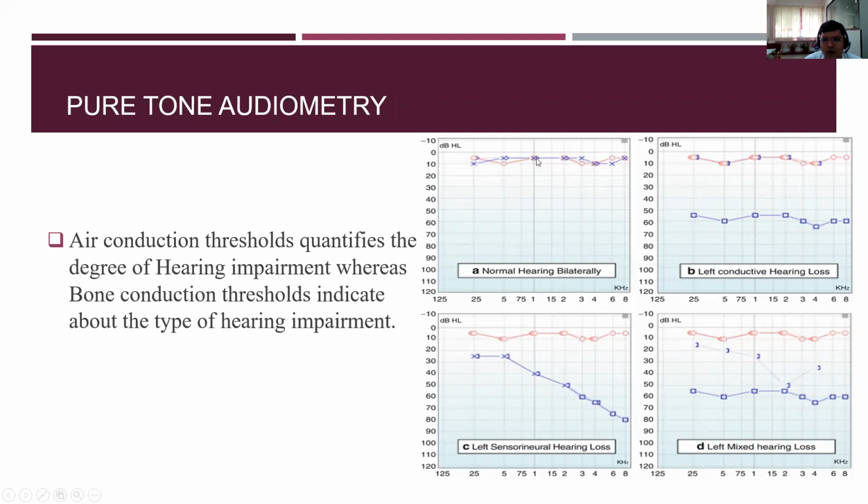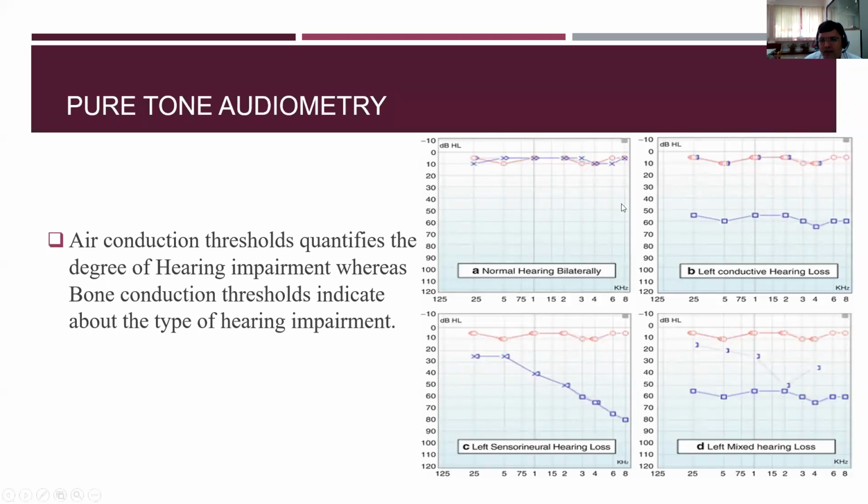These help the clinician to identify the quantification of hearing loss as well as the quality of the hearing loss. Quantification means the degree of hearing loss, whether it is mild to severe or profound. The quality of hearing loss, that is the type of hearing loss, you get to know through the bone conduction thresholds.